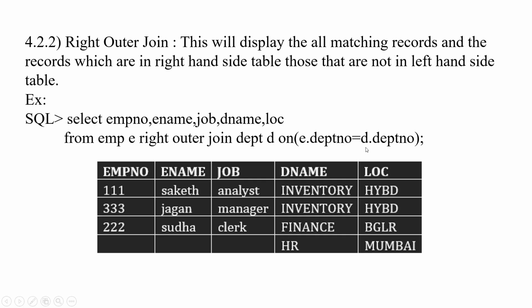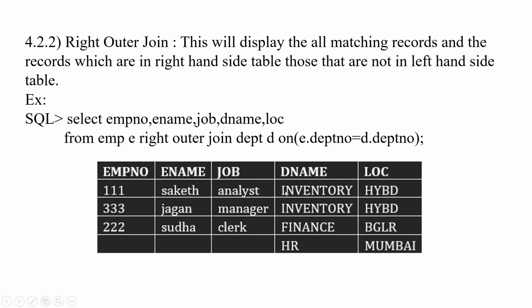Here the rightmost table is DEPT, whereas the leftmost table is the EMP table. Here all the values in the department table are recorded, whereas only some values matching the condition from the employee table are recorded. Let us observe the example.